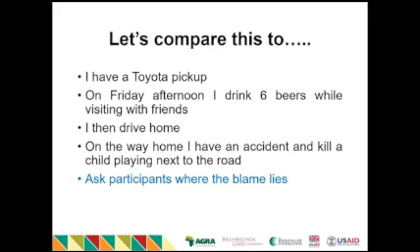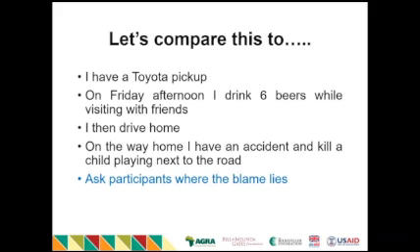On Friday afternoon after work, I decided to go and drink a beer while visiting with my friends. And then after I'd done that, I got in my Toyota pickup and I drove home. And on the way home, I had an accident, and there was a child playing next to the road that was killed because of this accident.